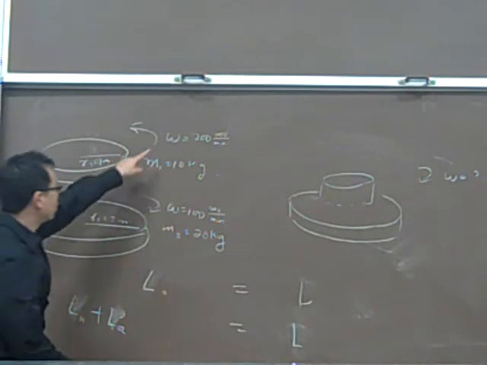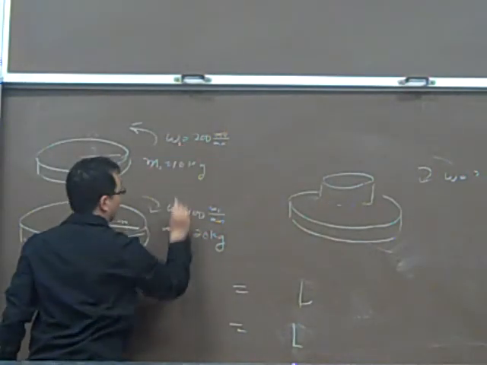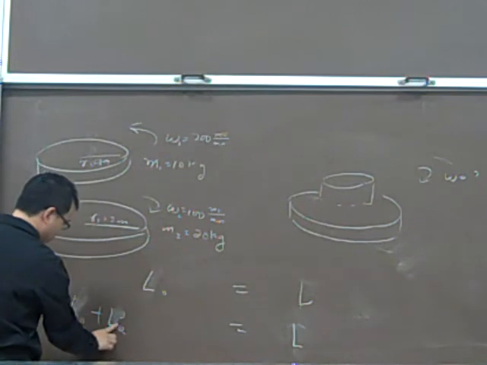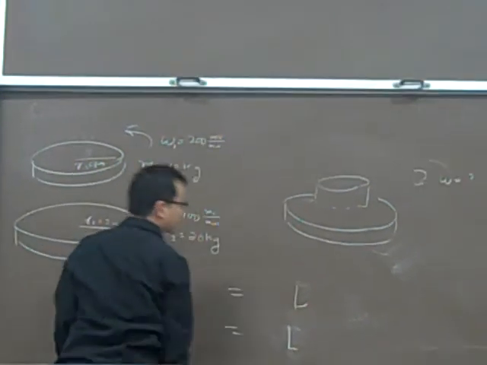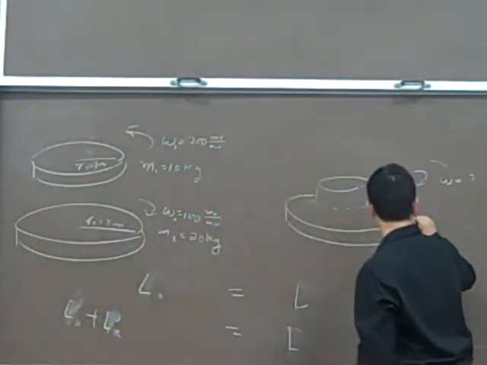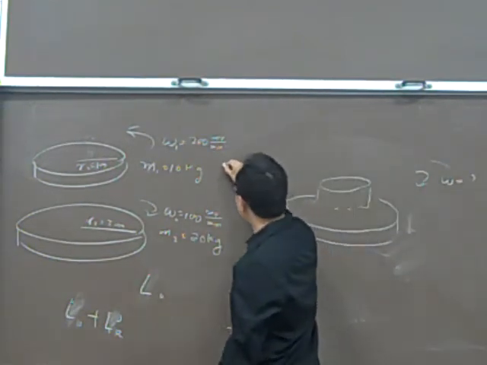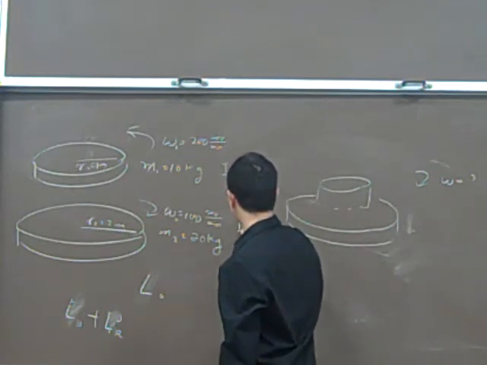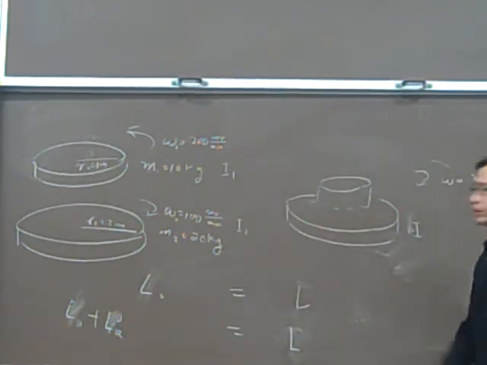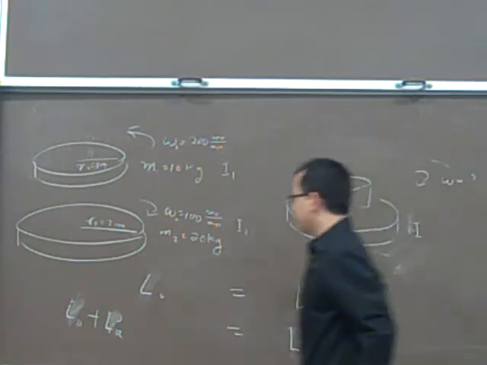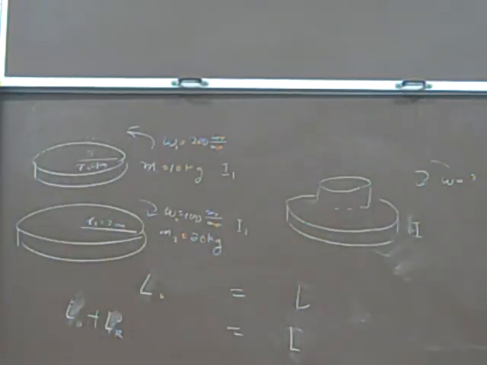You can see here, let's call this omega 1, this omega 2, this L1, this L2, and that's the final L. So we need the rotational inertia I1, rotational inertia I2, and the total rotational inertia I. The equation then will be I1 omega 1 plus I2 omega 2 equals I omega.